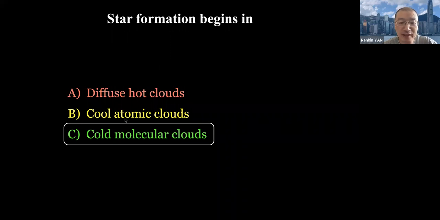For example, if you heat up a molecular gas, the molecular bonds will break up into individual atoms. So only in the really cold places will we form molecules. Where you have molecules, you have really cold clouds. So cold molecular clouds is where you don't have enough pressure to resist gravity, so that gravity will make a star form in those places.